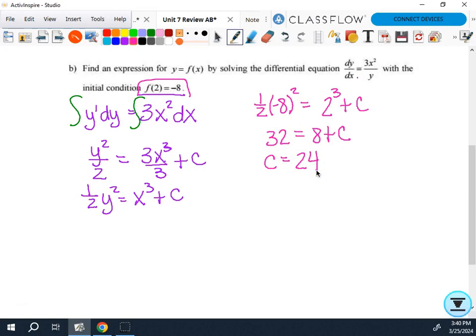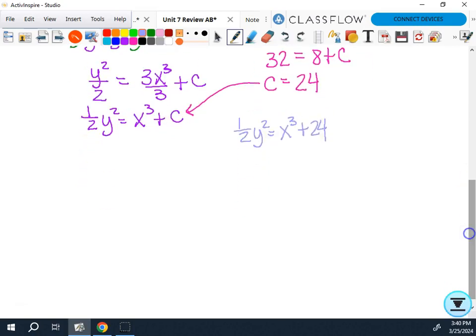So I'm going to substitute the c back into this step right here. When I do that, I will get 1/2 y squared equals x cubed plus 24. So then at this point, I need to multiply by 2.